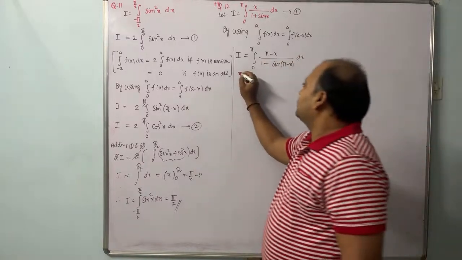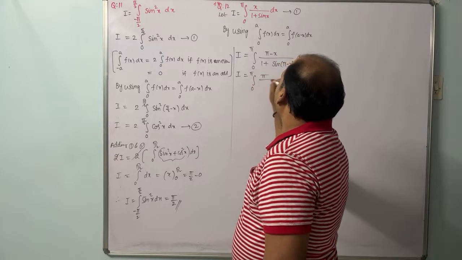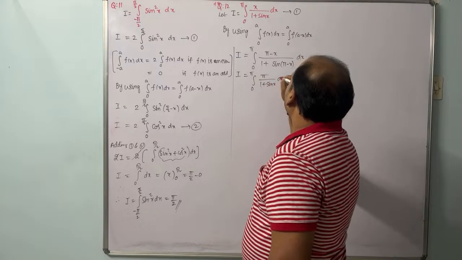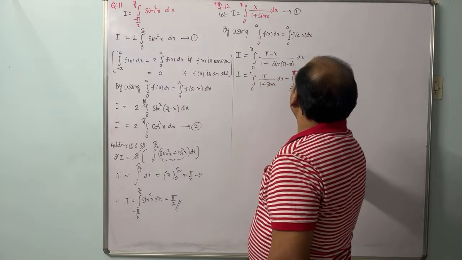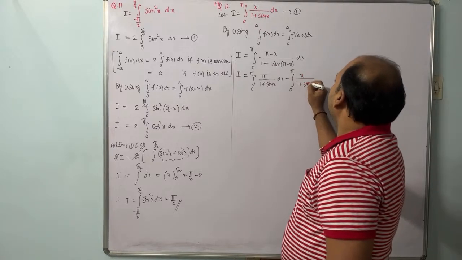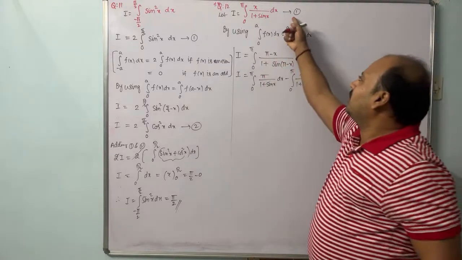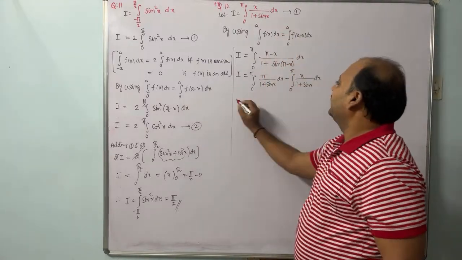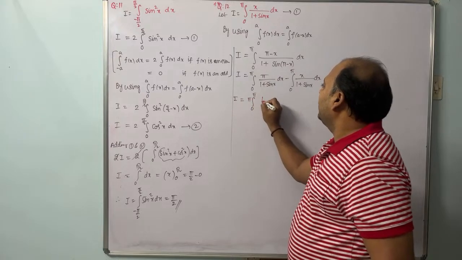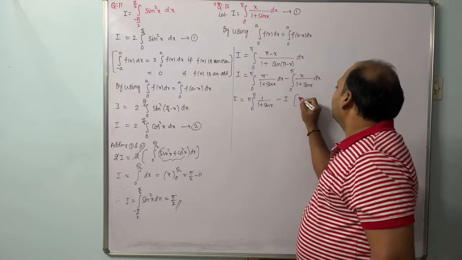So which is equal to I equal to the integral from 0 to pi of pi by 1 plus sine of pi minus x, which is sine x, into dx minus the integral from 0 to pi of x by 1 plus sine of pi minus x, which is sine x, into dx. From equation 1, this value goes to be I equal to the integral from 0 to pi, bringing out pi, of 1 by 1 plus sine x, minus I, since from equation 1.